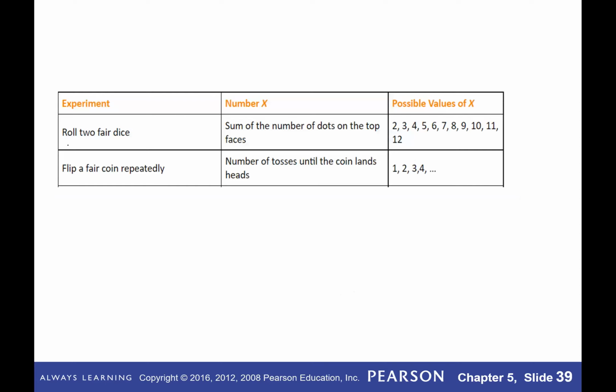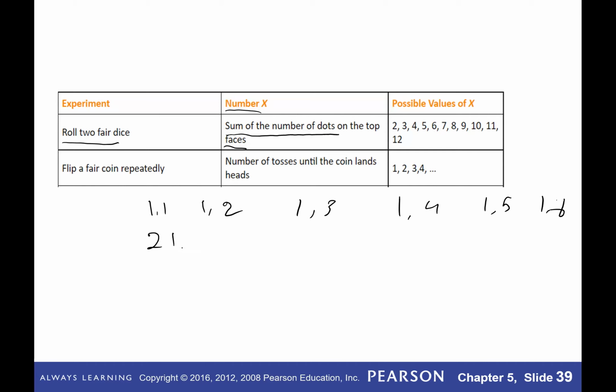The experiment is to roll 2 fair dice, and the random variable is the sum of the number of dots on the top faces. If you roll 2 fair dice, then the outcomes will be 1 1, 1 2, 1 3, 1 4, 1 5, 1 6, right?